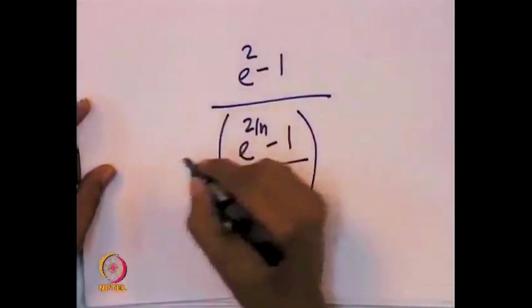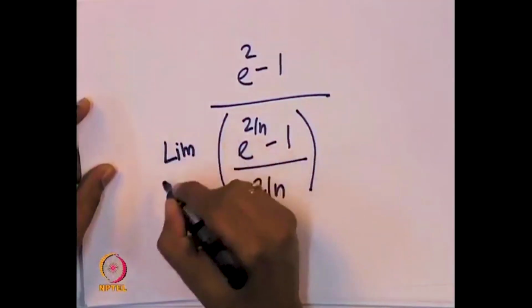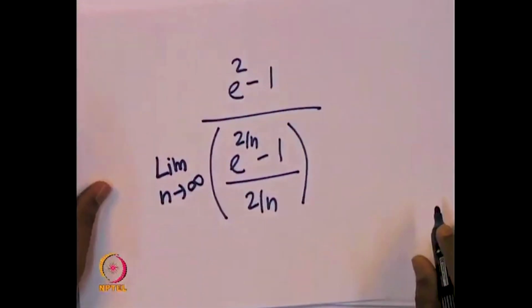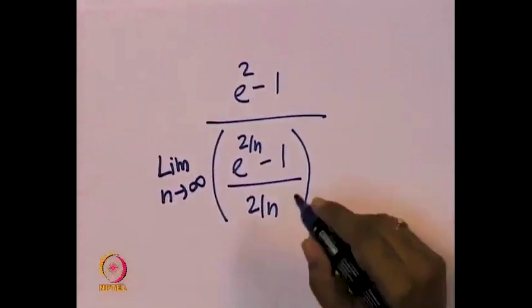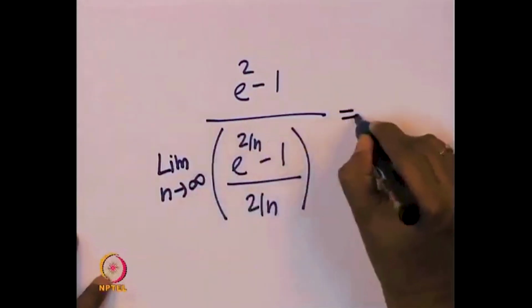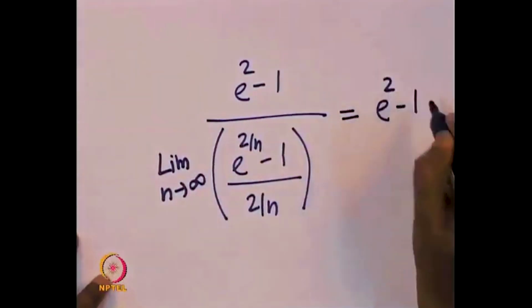This is my S of n, and I want the limit n going to infinity. It turns out that in this limit, this term will go to 1, so you will have the answer e square minus 1.